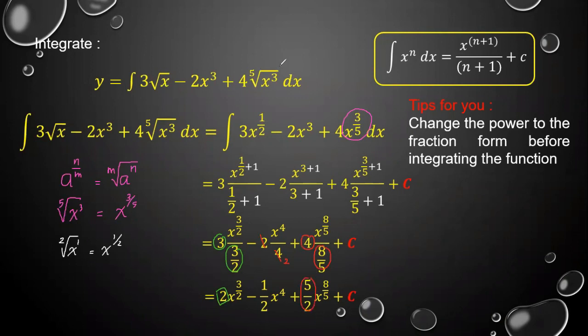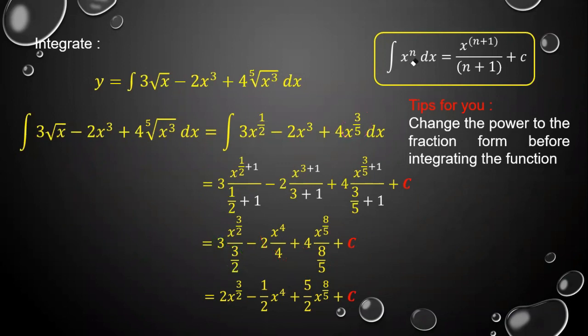That's very easy, right? So the final answer is 2x to the power 3 over 2 minus a half x to the power 4 plus 5 over 2 x to the power 8 over 5 plus c. That's very easy, right? That's the integration of power rule.